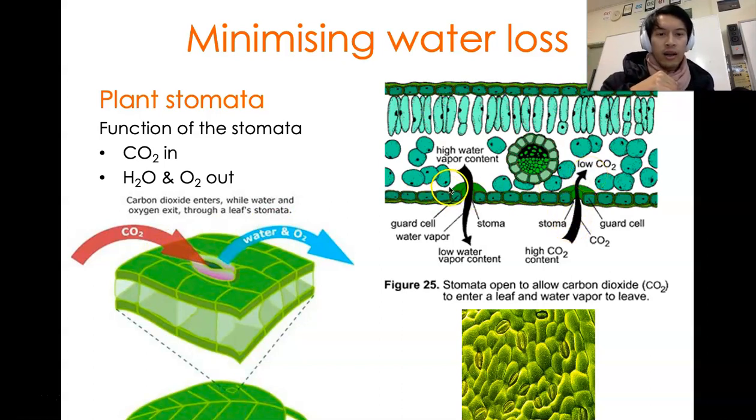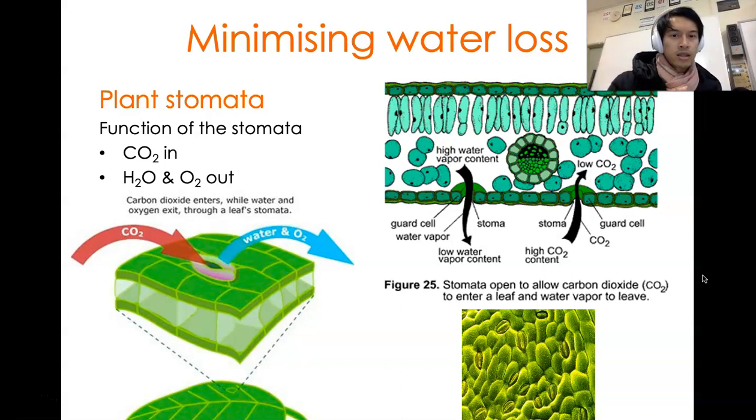So that little regulatory opening that opens and closes regulates how much the plant can photosynthesize. Okay, carbon dioxide goes in, H2O and oxygen go out. And this is what it looks like there. It looks like these little coffee beans with a little slit that allows it to be open or closed. Now, this performs a really important function in the leaf.